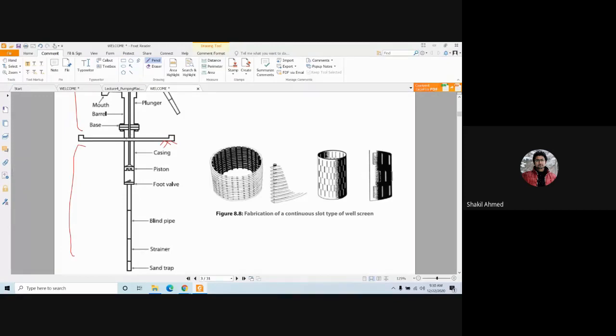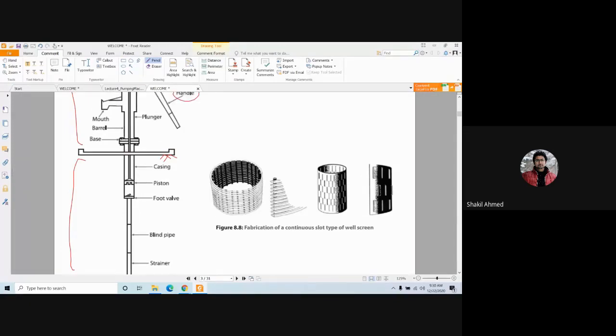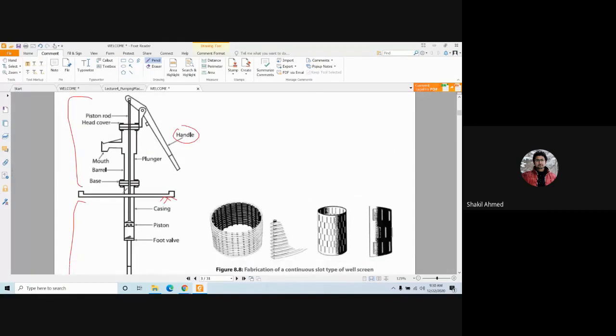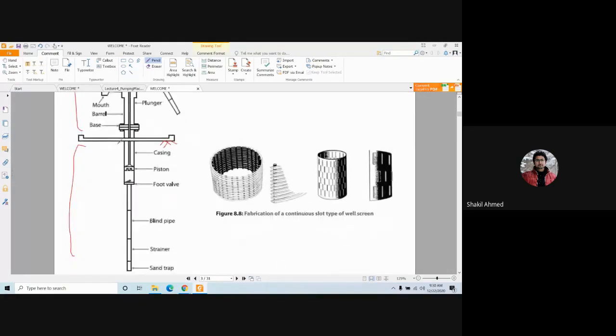This part is above the ground, and this part is inside the ground. Now, starting from the upper part, first we have the casing. Then we have a piston.